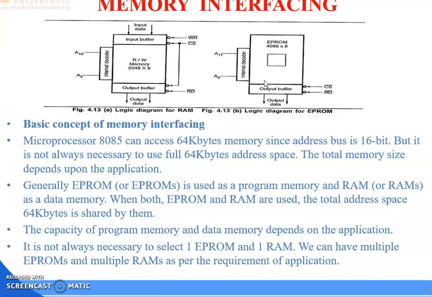When both EEPROM and RAM are used, the total address space of 64 kilobytes is shared by them. The capacity of program memory and data memory depends on the application. It is not always necessary to select one EEPROM and one RAM, so we can have multiple EEPROMs and multiple RAMs as per the requirement of the application.